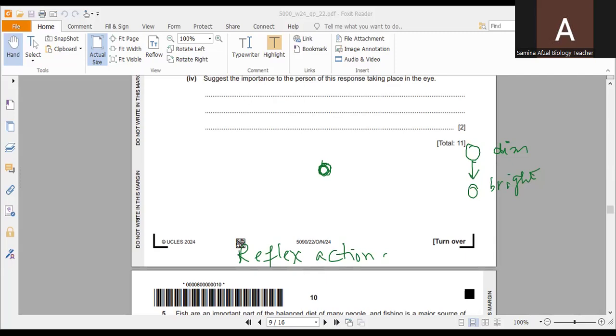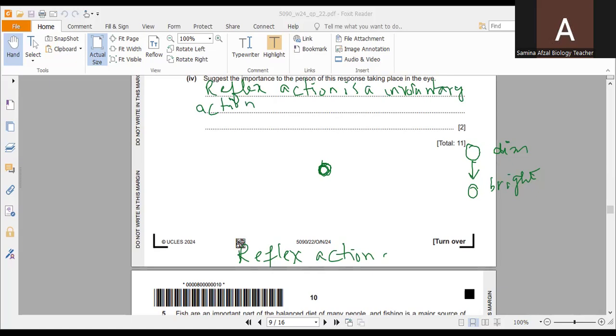Reflex action is an involuntary action in which the brain is not involved.